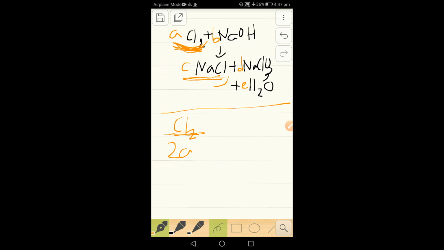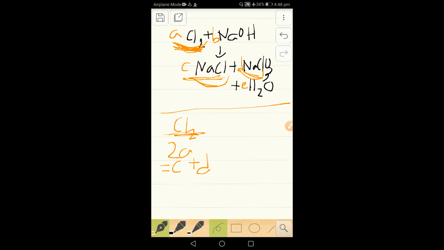Here is 1 chlorine, so 1 into C is C. Here is also 1 chlorine, so 1 into D would give D. So 2A must be equal to C plus D. I would suggest you write this in your copy, because I won't be keeping these things here for long, because I need space.